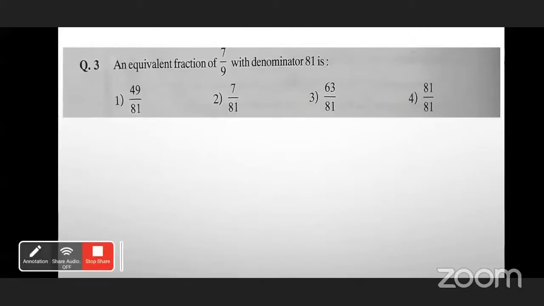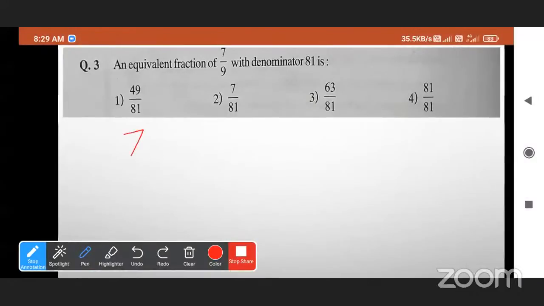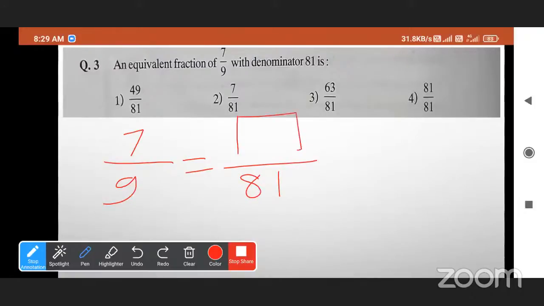So here 7 upon 9 is equal to blank upon 81. Is 81 the denominator or numerator? Denominator. Okay, so what will come here in the box? See here, 81 is already given.